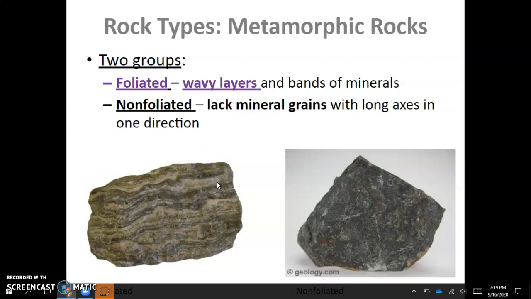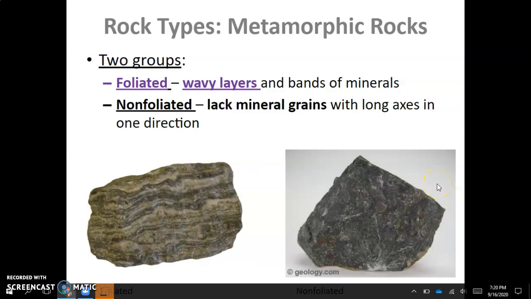Not to get them confused with sedimentary rocks that have those distinct layers. These are formed from the pressure and the heat from the earth. These rocks are buried and exposed to heat and pressure, and it will create these wavy layers.